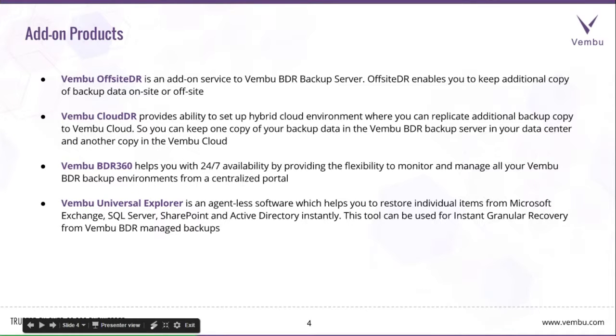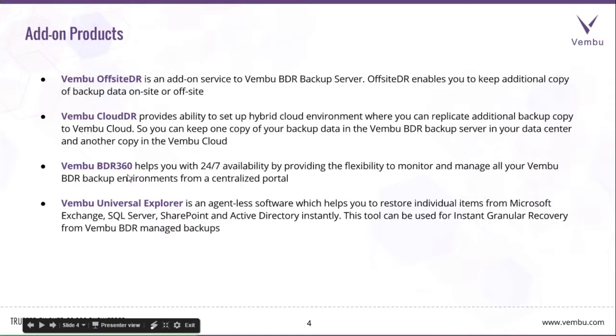Then we have the Vembu Cloud DR. If you want the Vembu BDR local backup server to have a copy somewhere on the cloud, we provide this option, so you can have the local BDR server replicated to the Vembu cloud. Then we have Vembu BDR 360. It helps you with 24/7 availability for monitoring and managing all your local BDR servers.